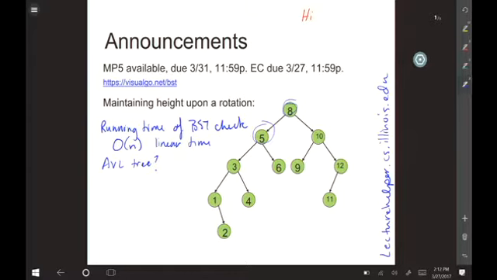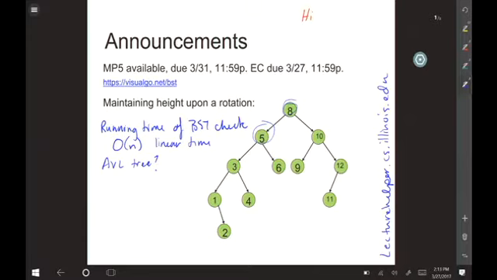The difference in heights between its children, its left and right subtrees, is greater than 1. In this case, the height of the right subtree minus the height of the left subtree is -2, right? Do you all see that? The most important point is that the absolute difference is 2.